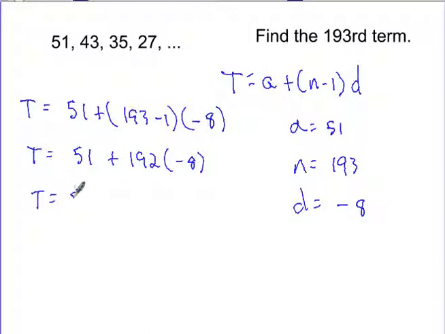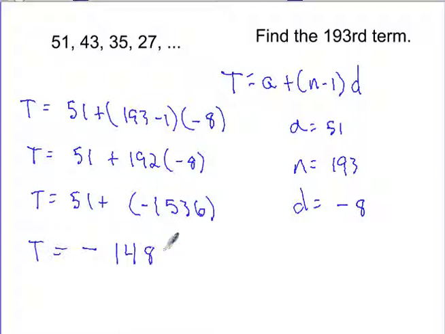T equals 51 plus negative 1,536. So T equals negative 1,485. Good.